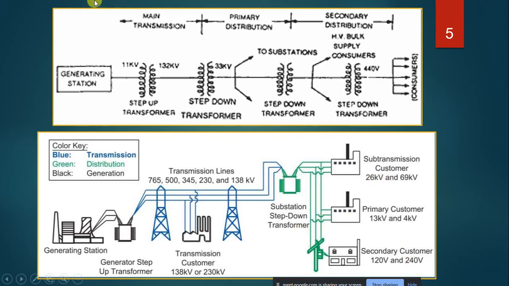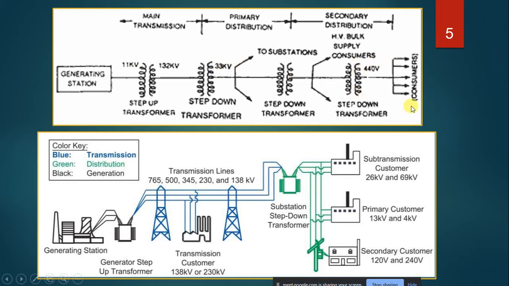You understand now? So generation, main transmission, step up, primary distribution, it is again stepped down. Secondary distribution is for household, stepped down. So here double step down is there, till 440 volts it has been stepped down. Transmission is 11 kV, stepped up to 132 kV, then stepped down to 33 kV, and from 33 kV to 440 volts.